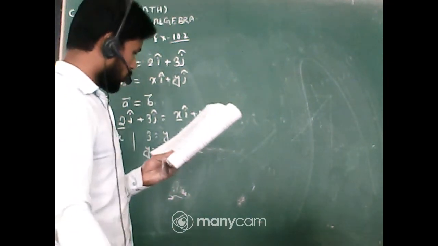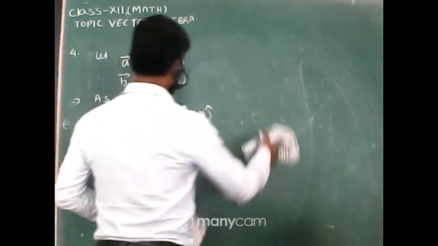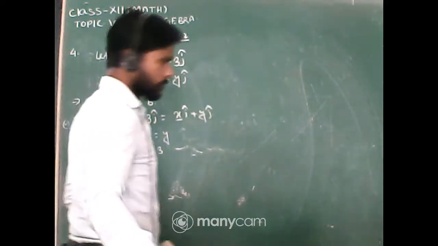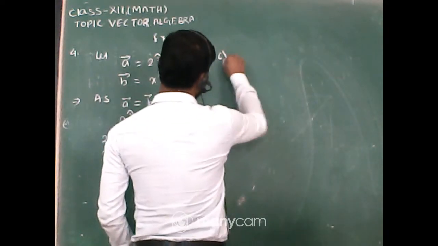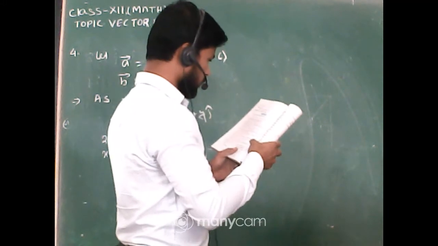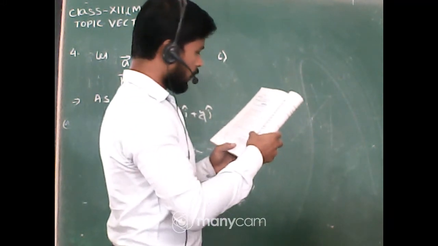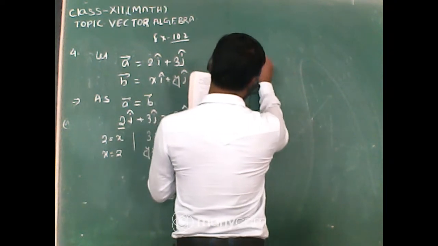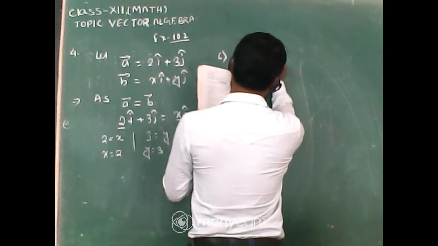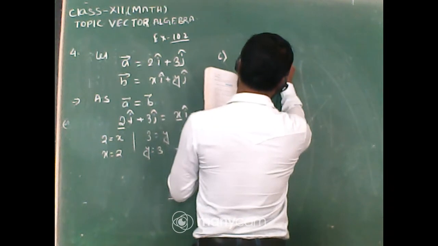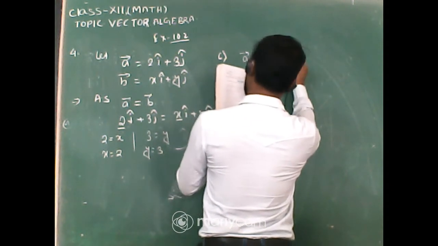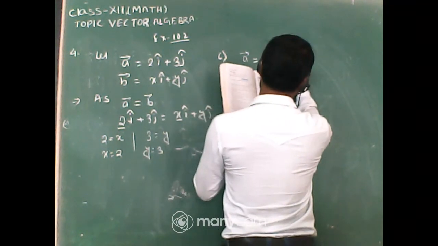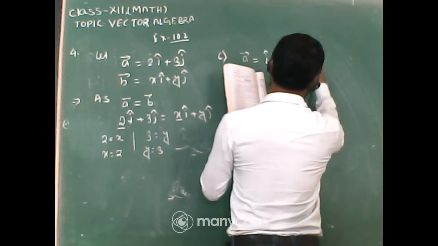Next question is question number 6. It says find the sum of three vectors. Vector A is equal to i hat minus 2 j hat plus k hat.